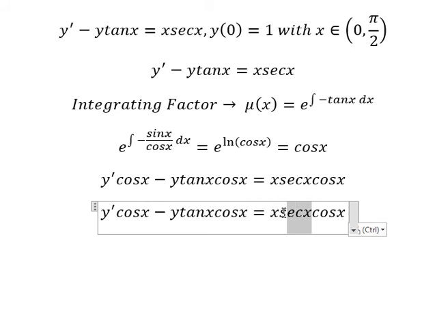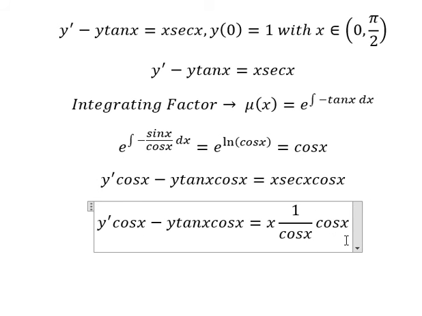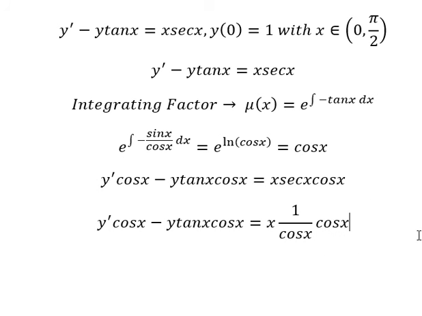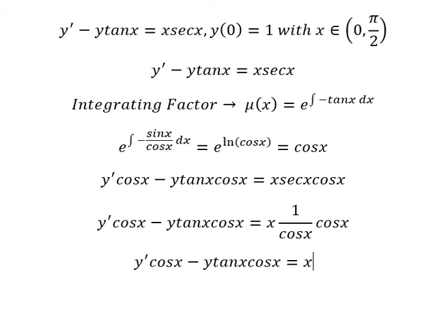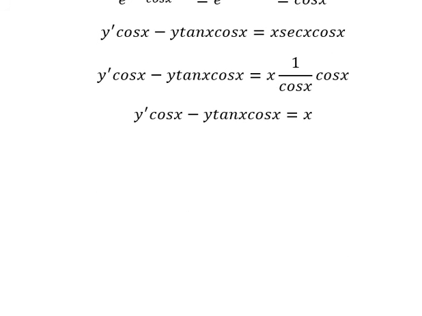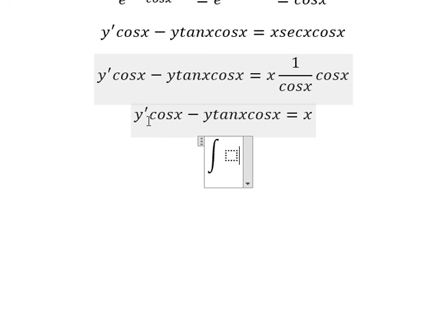So we know that secant of s is 1 over cosine s. We simplify this one. Next, we need to integrate both sides.